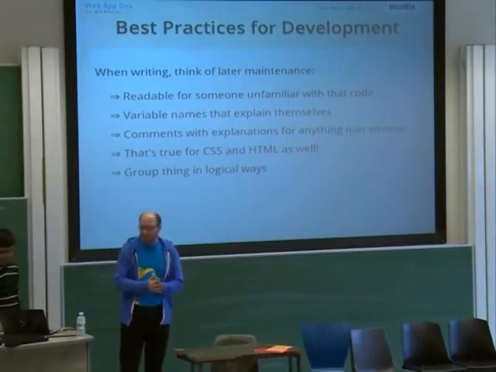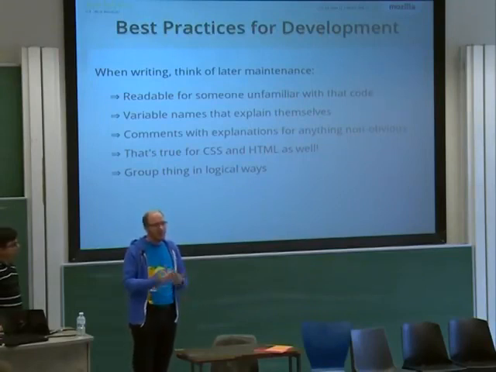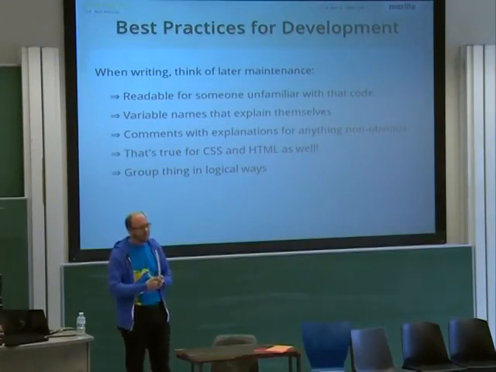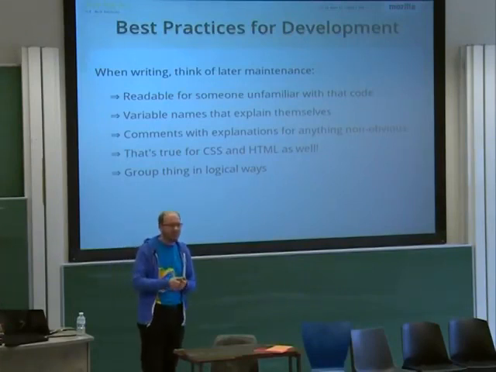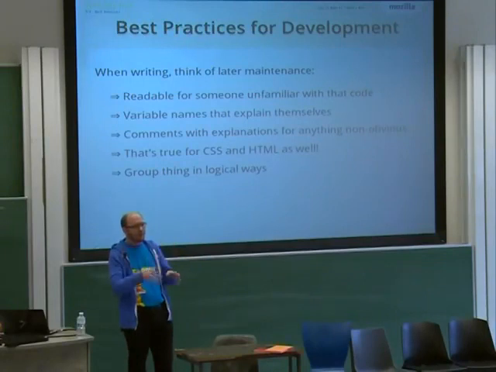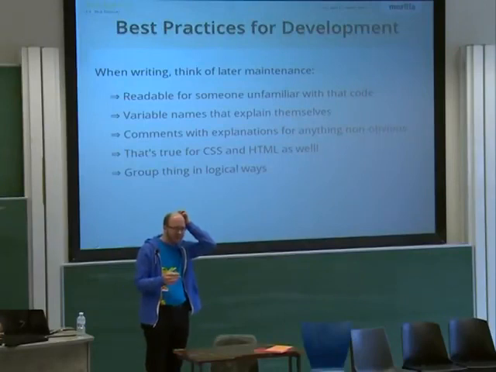The most important thing there is, if you keep in mind that it needs to be maintained later on, someone not completely familiar with the code should be able to read it. That someone might even be you. I know for a fact that I've been looking at older code that I've written, and I'm not a big coder, but I've looked at older scripts and older stuff that I've written, and I thought, what was this doing exactly?